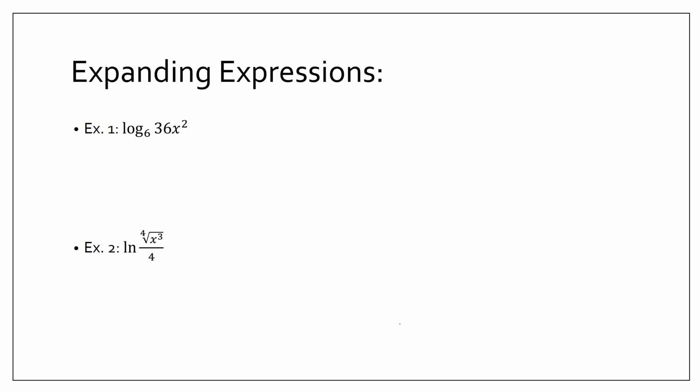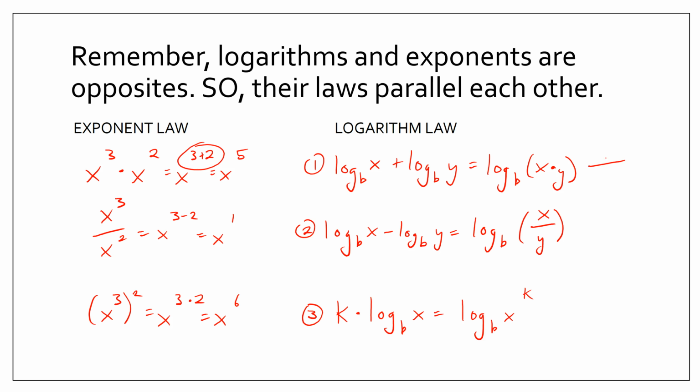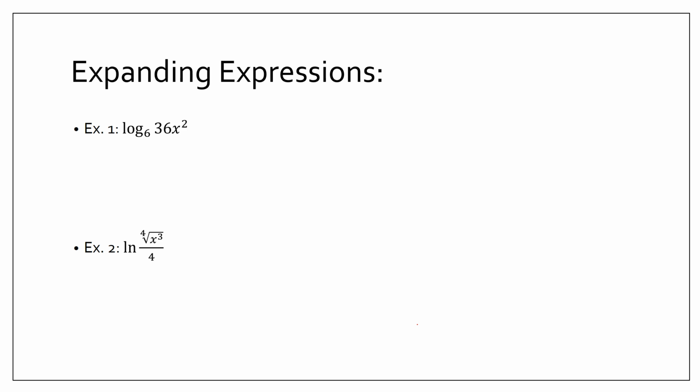Let's apply them now. You're going to be asked to expand expressions. So for instance, this one. Right now what I have is this complicated dense expression on the inside. But I can expand the expression into two separate logarithms. How? By making use of this rule. Since I have two things in the middle multiplying, I can separate them: log base 6 of 36 plus log base 6 of x squared. See what I did there?